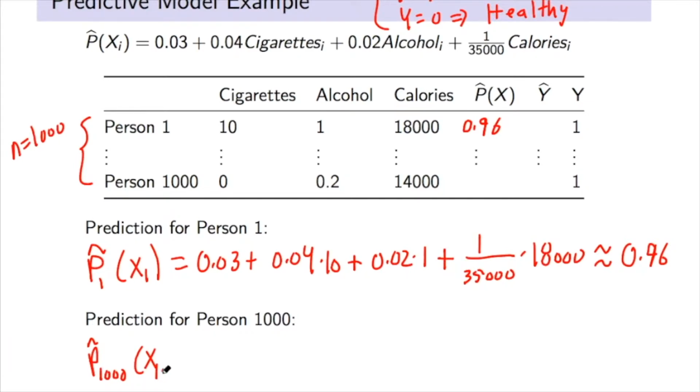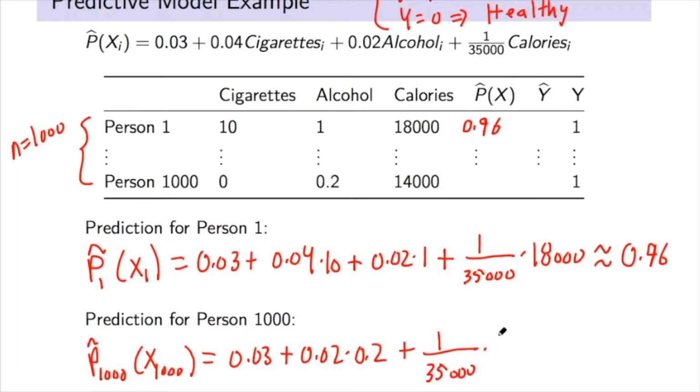Okay, let's do the same thing for the last person, person 1000. So we're going to predict the probability that they're unhealthy using this model. 0.03 plus they don't smoke any cigarettes, so we don't need to worry about this term. 0.02, they consume 0.2 liters of alcohol per week, times 0.2, plus they have 14,000 calorie intake per week. 1 over 35,000 times 14,000.